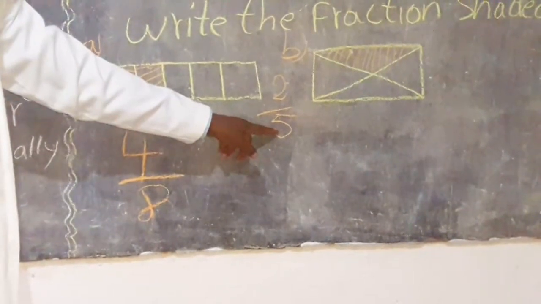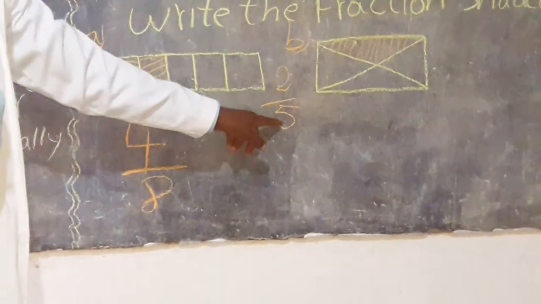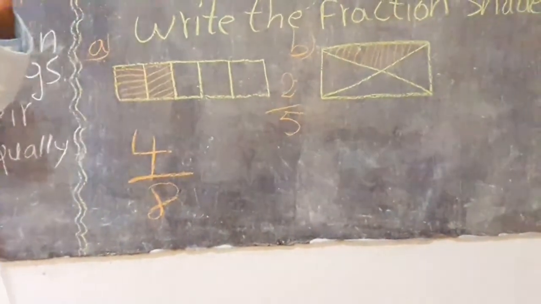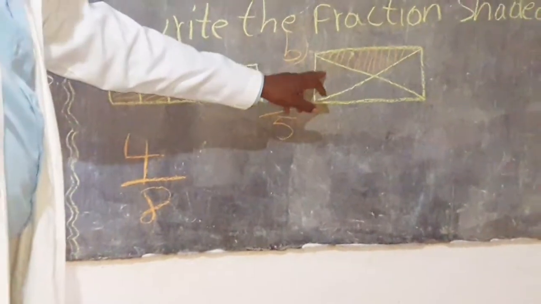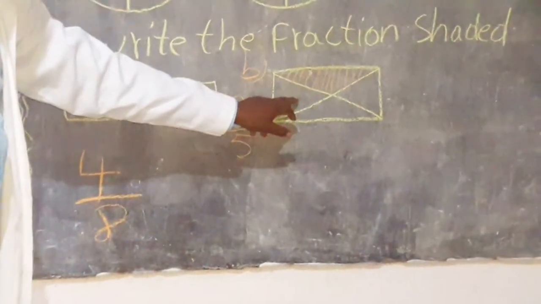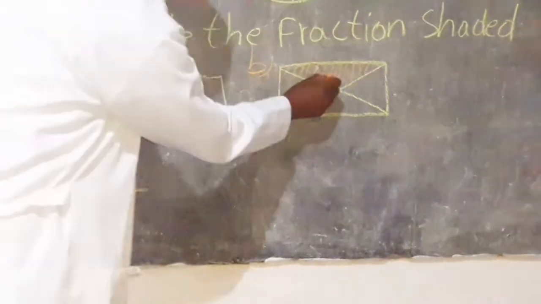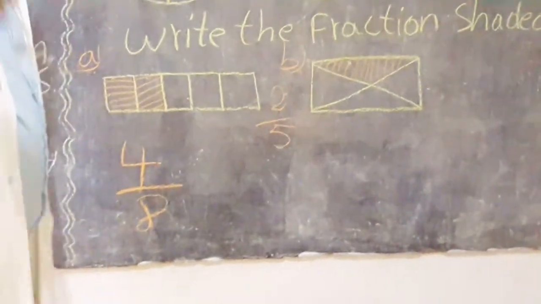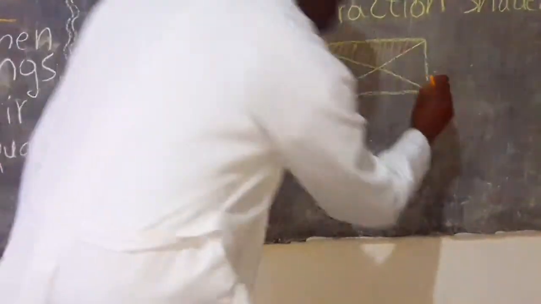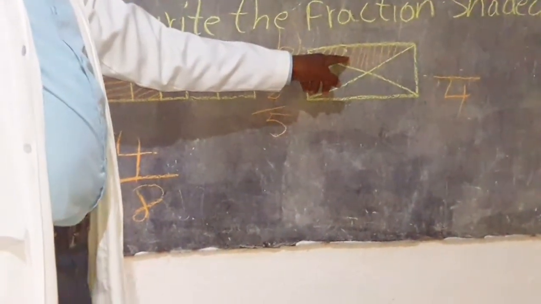But the next time, I will help you to know how to read fraction. And here, write the fraction shaded. How many parts are available in this? 1, 2, 3, 4. Available parts are 4. This is denominator, 4. And how many parts are shaded?